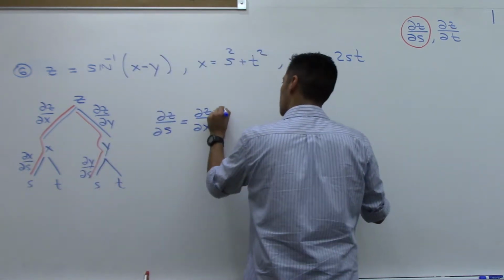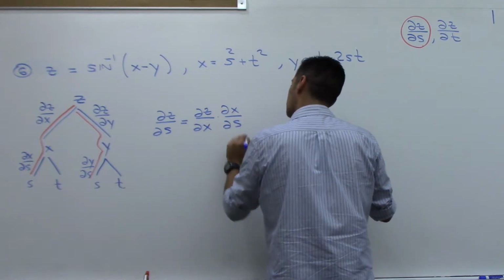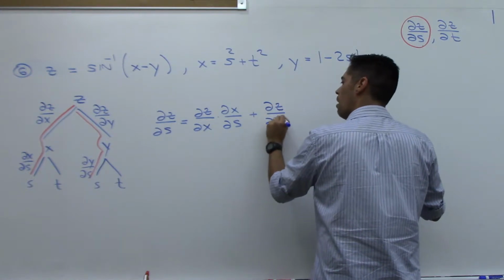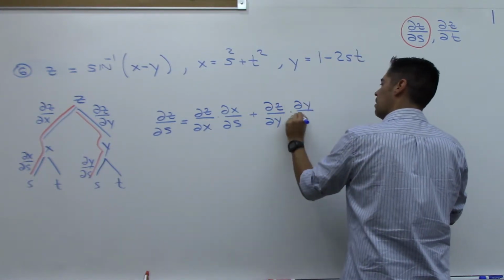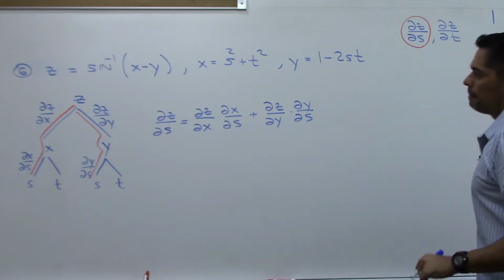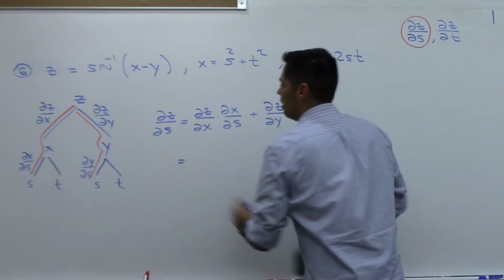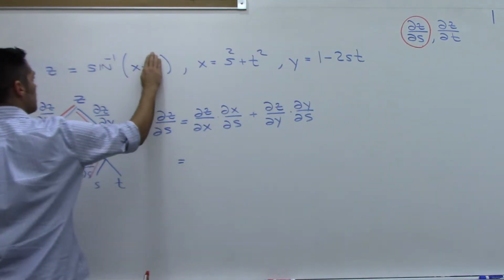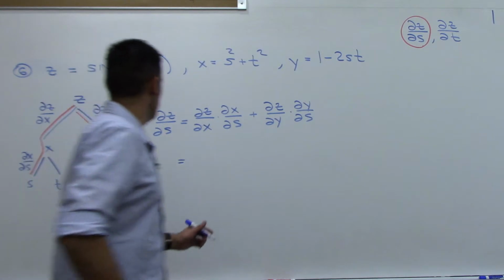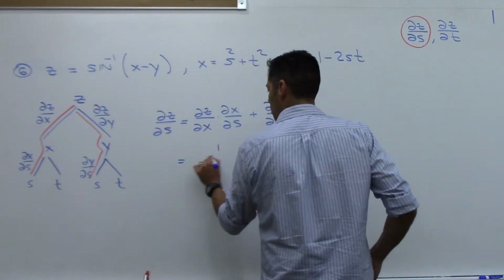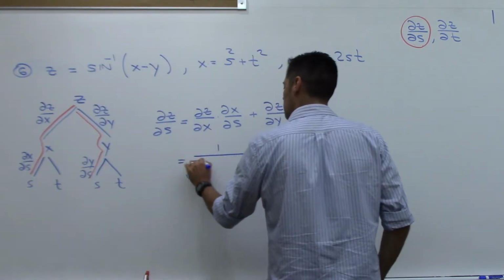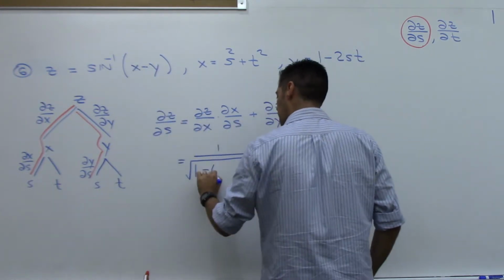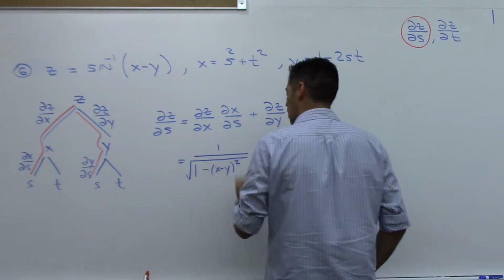X times partial x with respect to s plus partial z with respect to y times partial y with respect to s. Okay, what is the partial derivative of z with respect to x? Coming over here, treating y like a constant, the derivative of arc sine of something is 1 over the square root of 1 minus whatever's in there, squared.